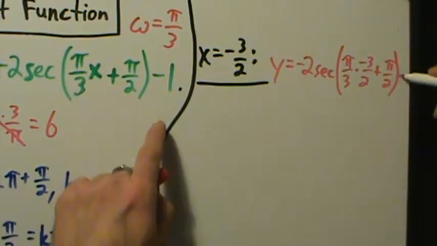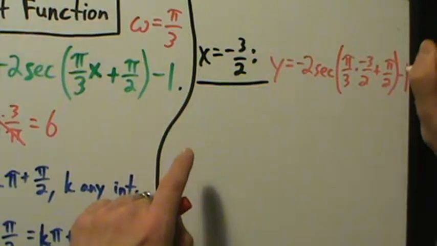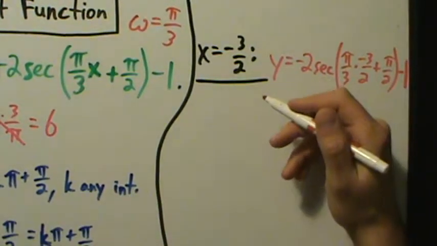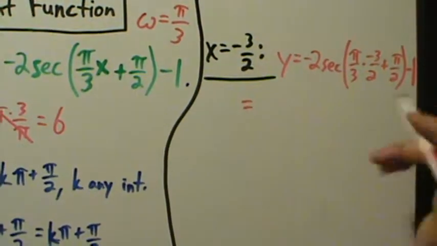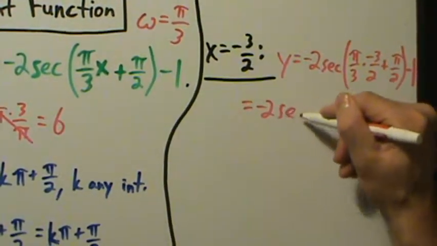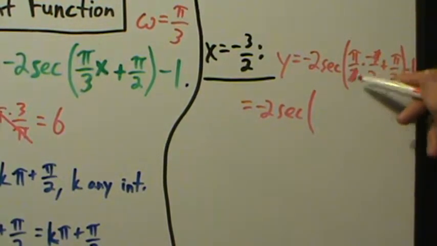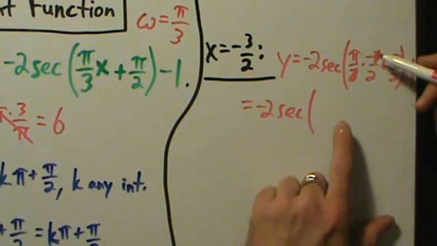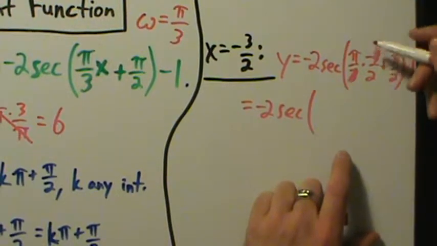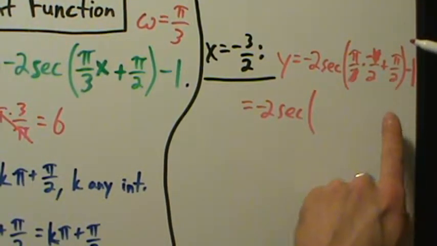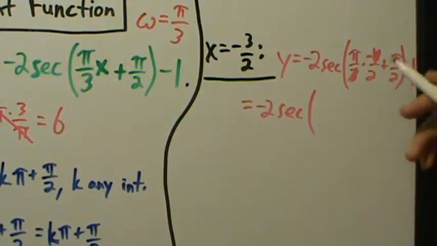And then we have a -1 out there. Just barely enough room. Okay, so then this equals negative 2 times the secant of what? So 3 and 3 cancel, so what we have is pi times negative 1. So this is really negative pi over 2 plus pi over 2, which becomes 0.